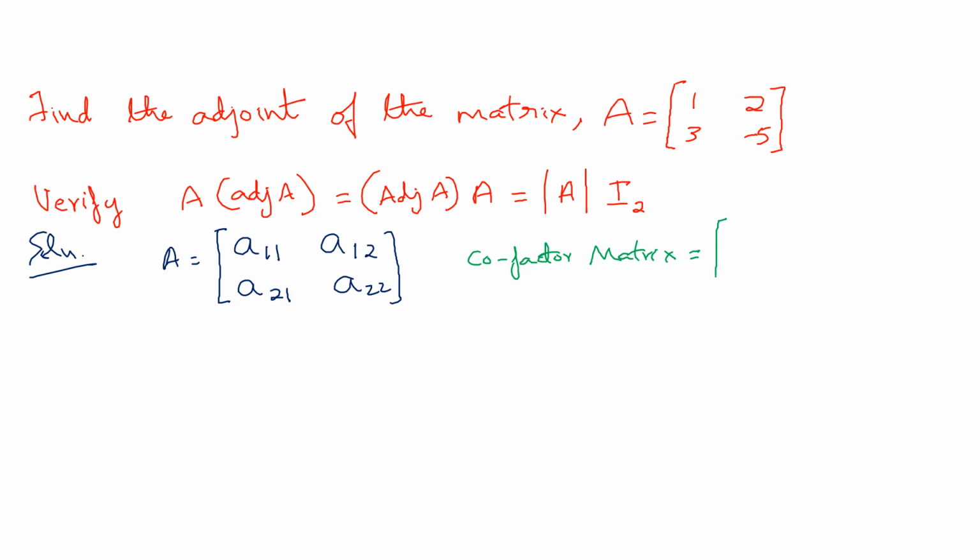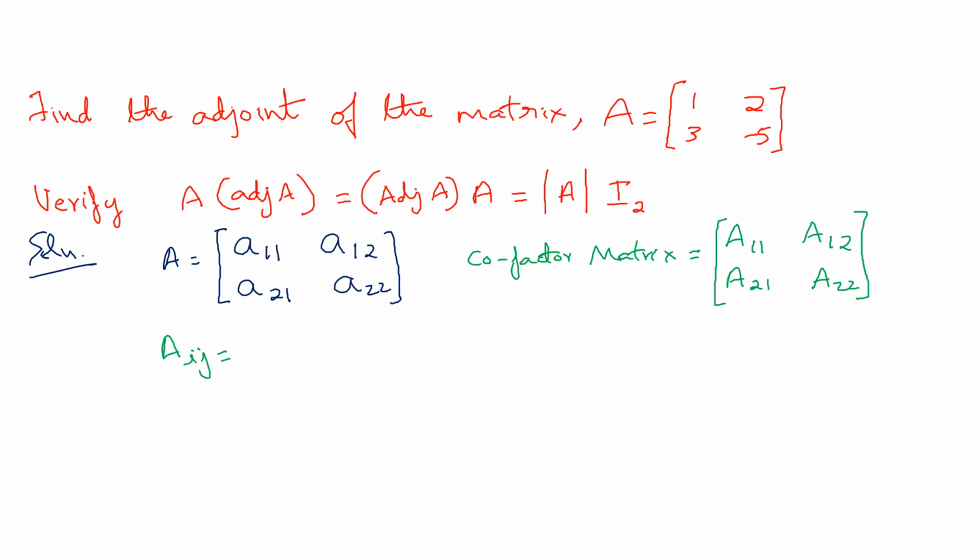So the cofactor matrix, how do we write? We use the capital symbols to write the cofactors: A11, A12, A21, A22. Now we have to find each cofactor, and we have the formula to find it. What is it?